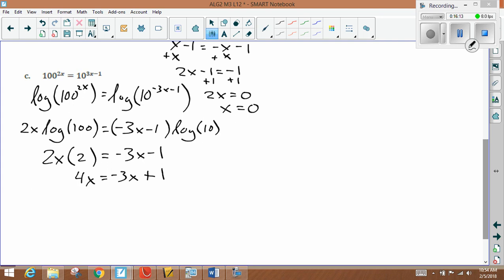Now I just got to add 3x to both sides and we're done, right? And so then x is going to be 1/7, right? Yay.